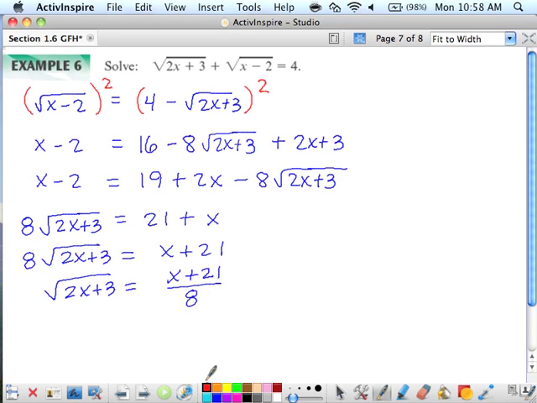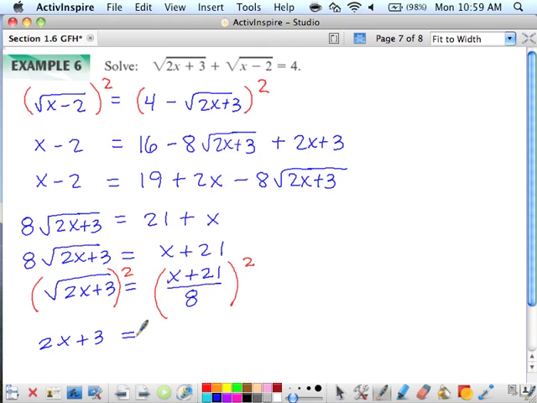Now let's square both sides again. The left side produces 2x plus 3. The right side, we have to square the top and the bottom. So let's focus just on the top.